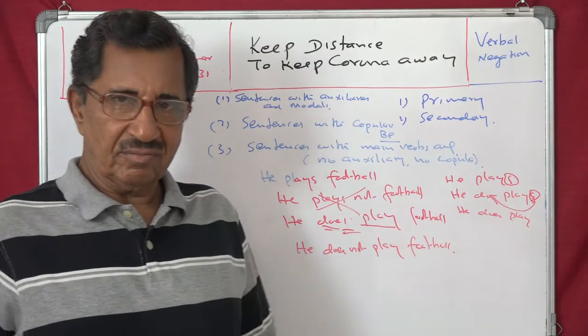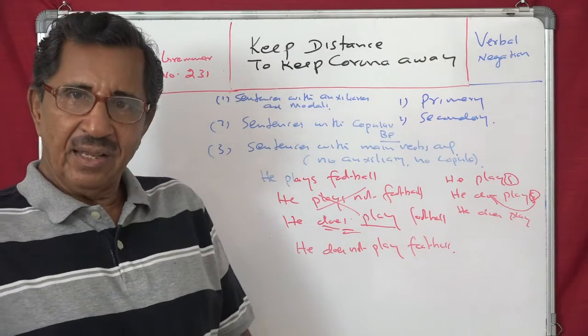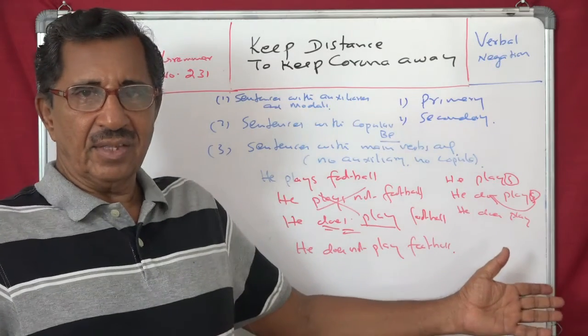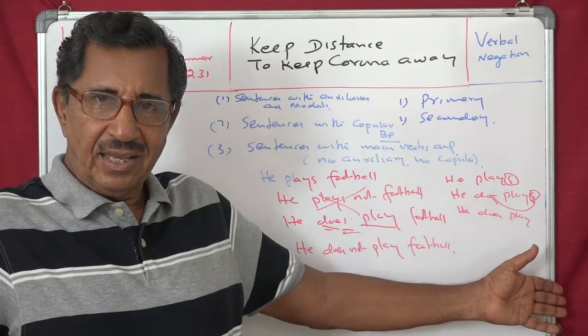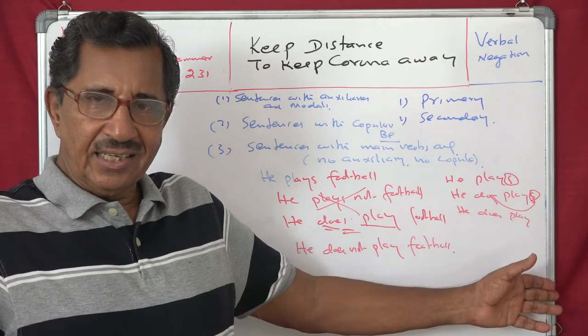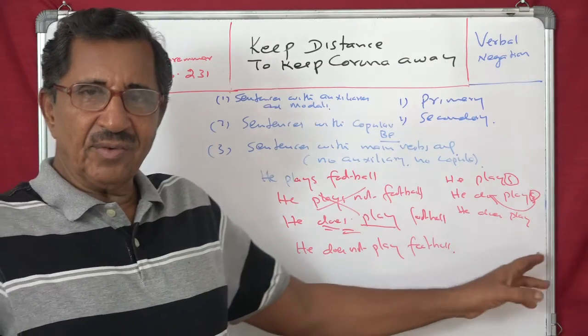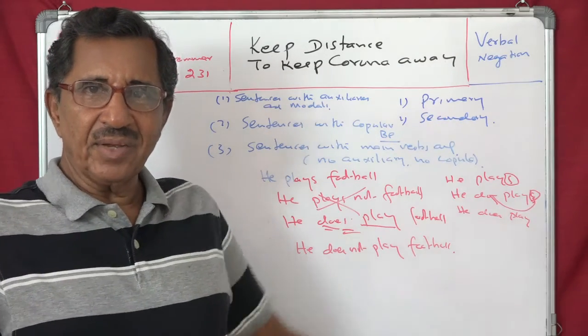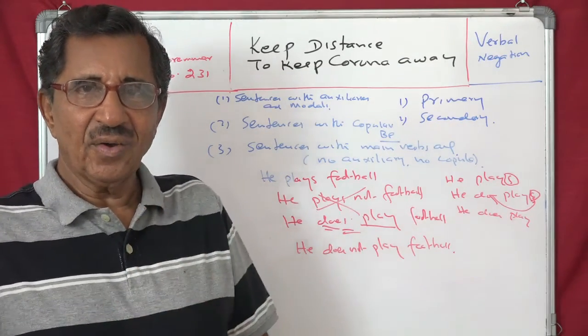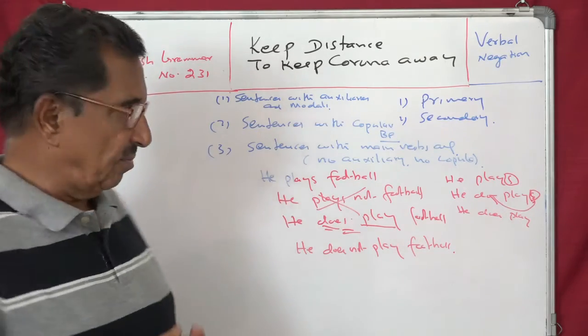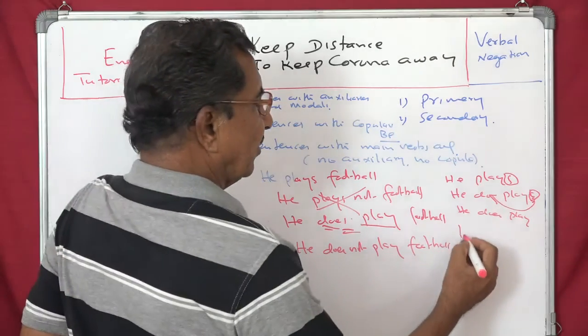If it is there, the same thing: there is a tense marker, and that is added to do. Then what will happen to the remaining verb? It is tenseless, or you can say bare infinitive.